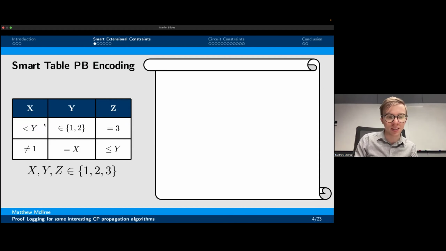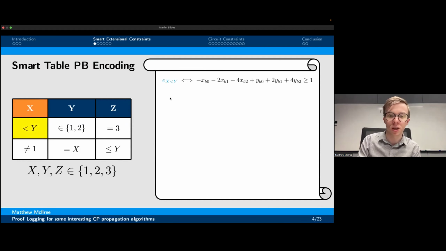So essentially what we can start by doing is encoding each of these fundamental constraints in the smart table using PB constraints. And we do this by double reifying on a special selector variable, which essentially represents whether or not this entry constraint is satisfied.